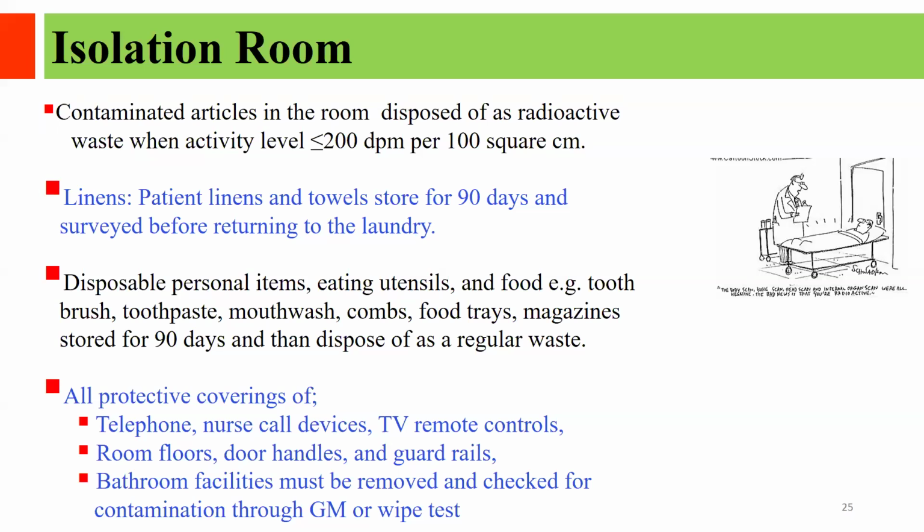And we have to be very, very careful when we consider how to dispose of this kind of waste. All protective coverings like telephone covers, nurse call devices, TV remote controls, packets, room floors, door handles and guardrails, and bathroom facilities must be removed and checked for contamination through a GM or wipe test.